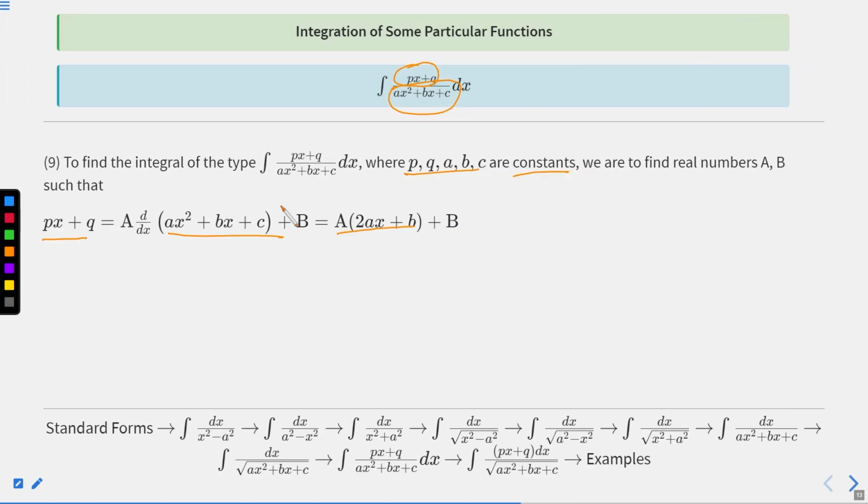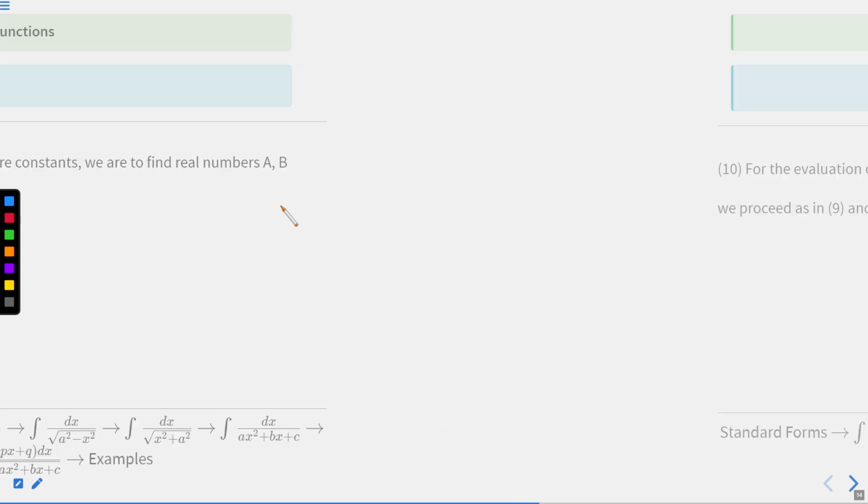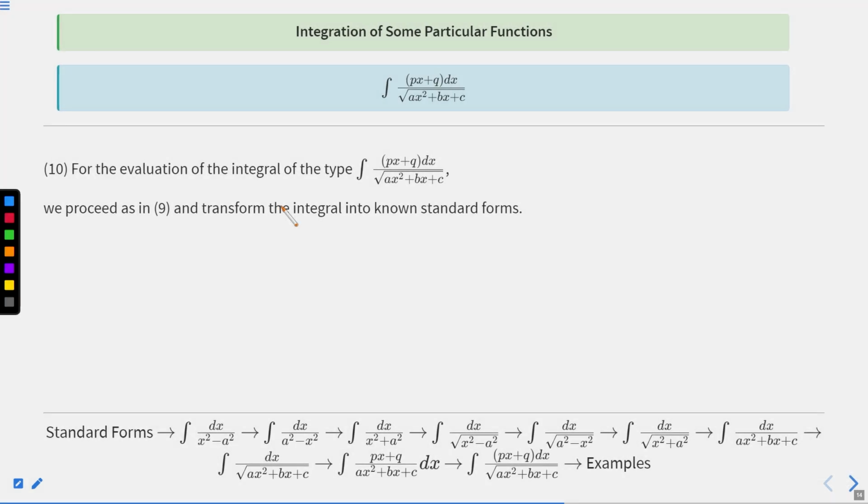I hope it is clear to you. So that's it for now. If you are having difficulty in any of the forms, don't worry. When you see the examples, and try the exercise questions, you will get to know what we mean by these approaches and these steps.